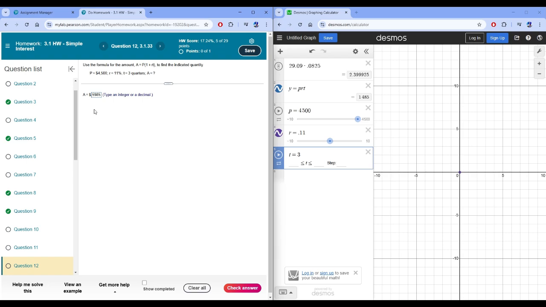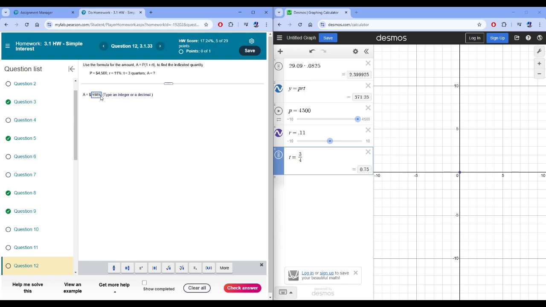Three quarters. Does that mean that t would be 3 divided by 4? Sneaky people. Which would give me the interest plus 4,500, which would be 4,837 to the nearest cent.